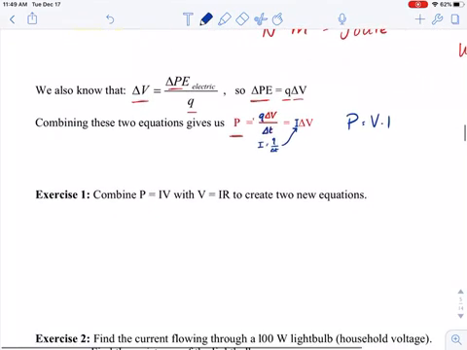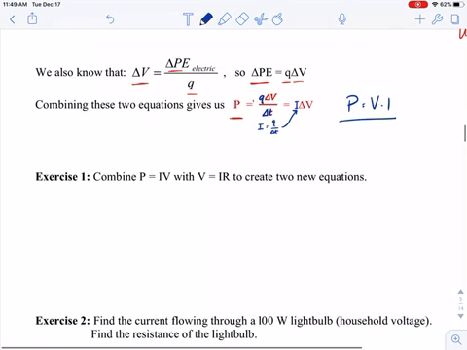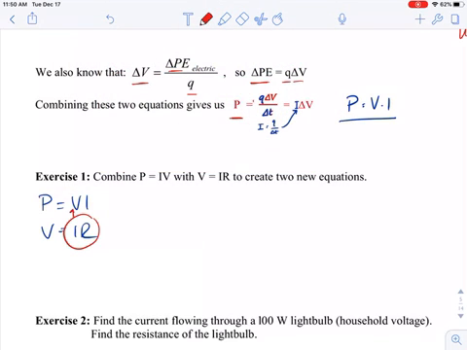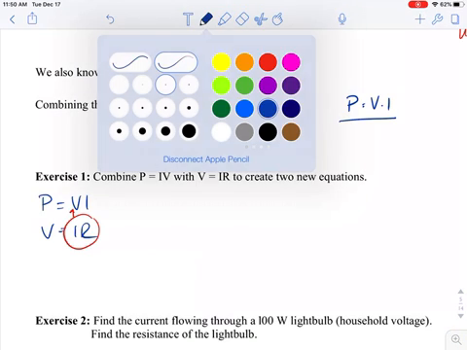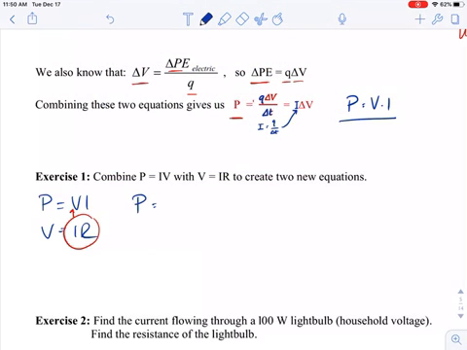We can combine this new formula for power with V equals IR, and I can do it in two different ways. If I take P equals VI and V equals IR, I can make a simple substitution. I can plug in IR for V, and if I do that, I get that P equals IR times I, or P equals I squared R. That's one useful formula.